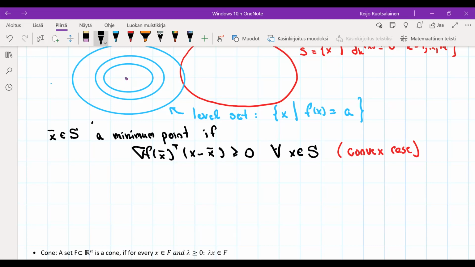What does it mean? It means actually something which is related to cones.